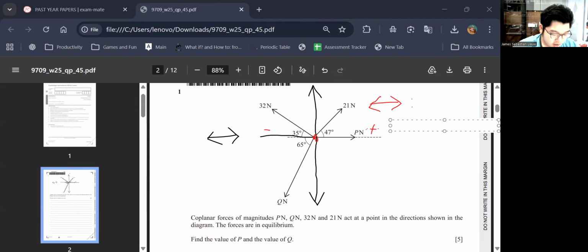Then horizontally we can resolve all 4 of the forces to obtain that 32 cos 35 plus Q cos 65 equals P plus 21 cos 47.